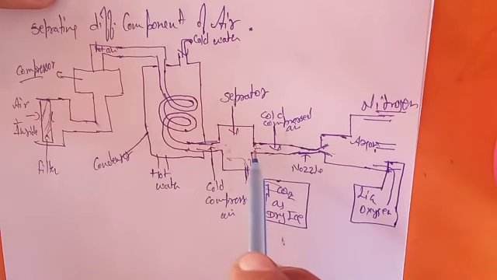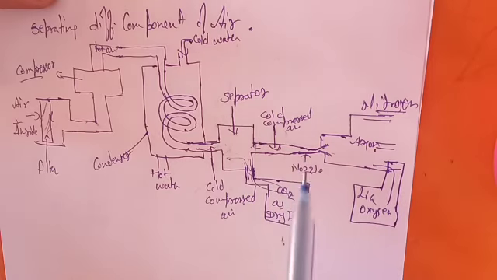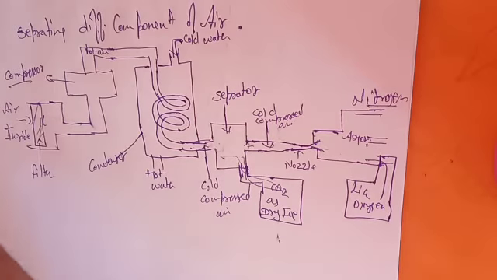The remaining gases are still gaseous, so we pass the air through this nozzle and expand it, so the temperature becomes lower and the gases start condensing into liquid. That's how, at different temperature ranges, we get different air components separately.